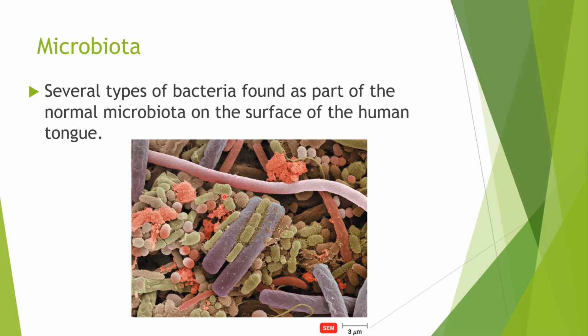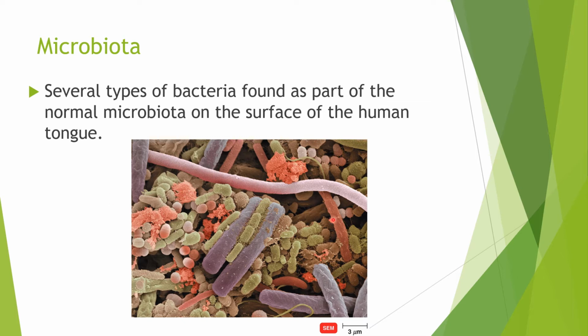So basically what you're seeing, all of these are different types of bacteria that you could find on your tongue. And this microbiota that you are seeing right here actually helps us maintain good health. Without it, we could actually start falling ill.